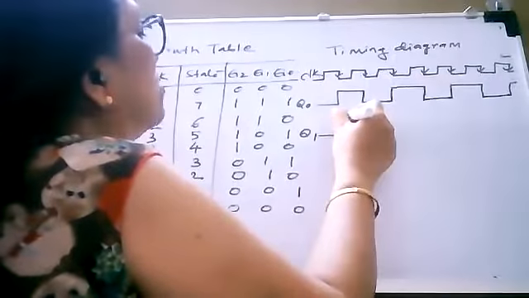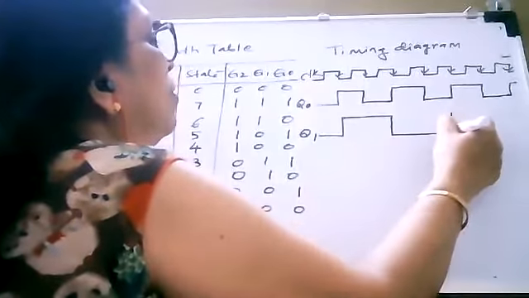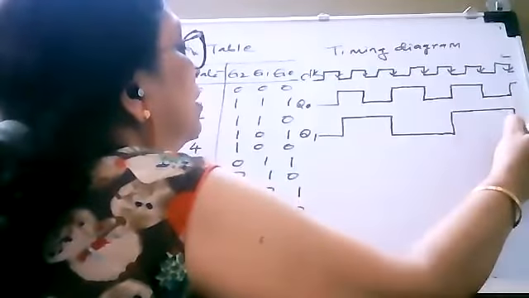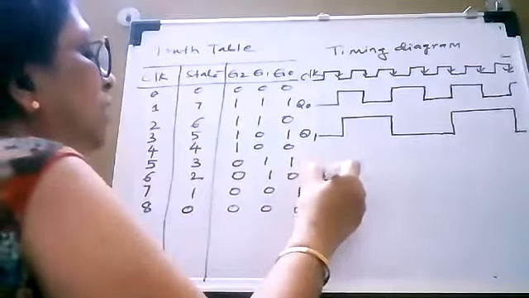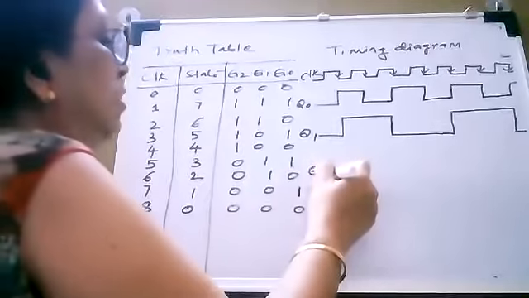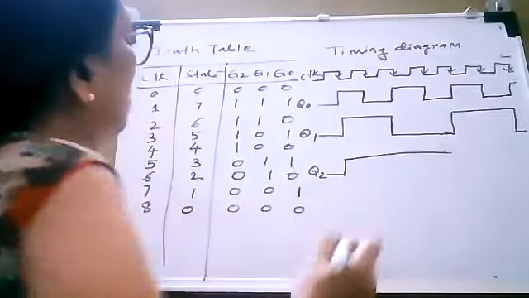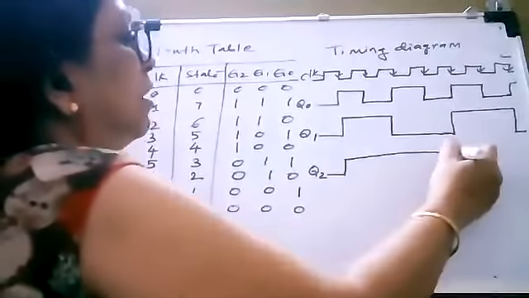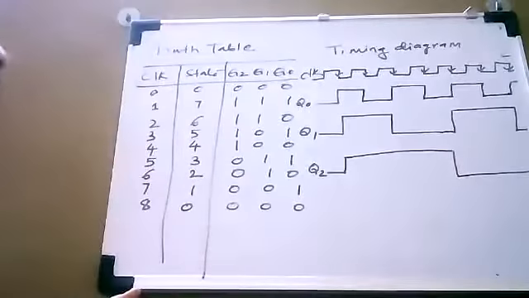It is 0, then it is 2 times 1, and again 2 times 0, 2 times 1. So this is what is your Q1. And for Q2, you can see that it is 4 times 1, and it is 4 times 0.